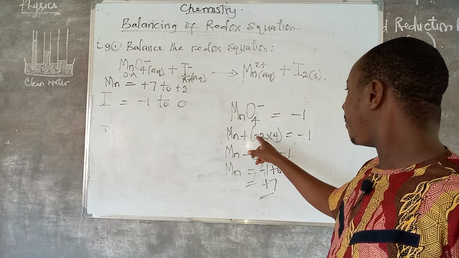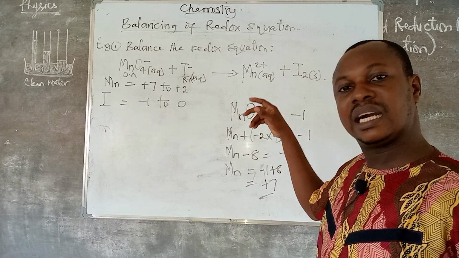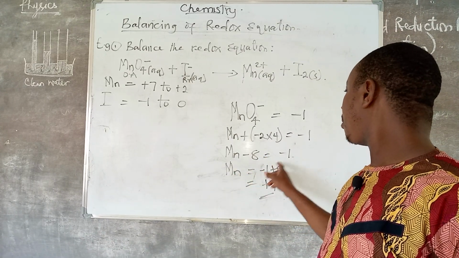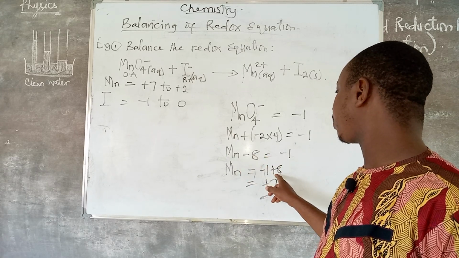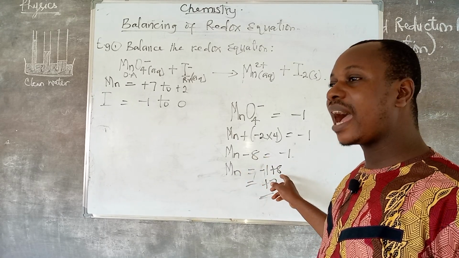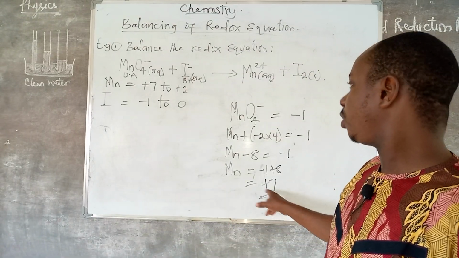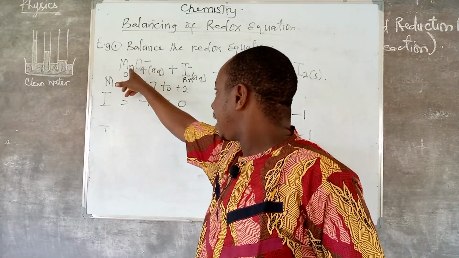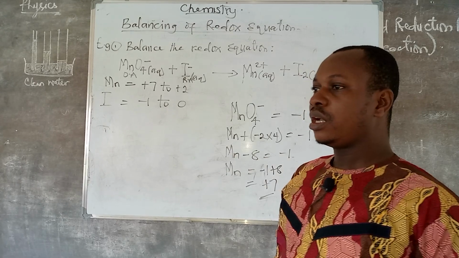So manganese plus -8 equals -1. Manganese equals -1 plus 8, because when this -8 crosses this sign, it becomes +8. So when you do the arithmetic, -1 plus 8 equals +7. That is why manganese is +7 here, and it is changing to +2.